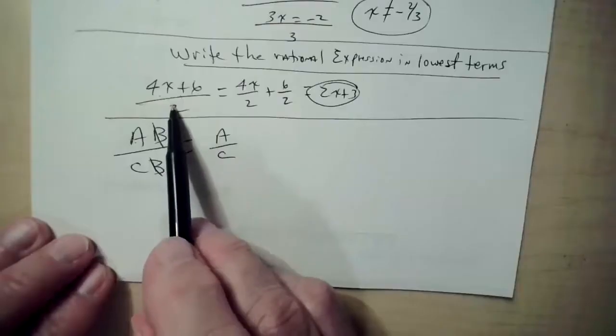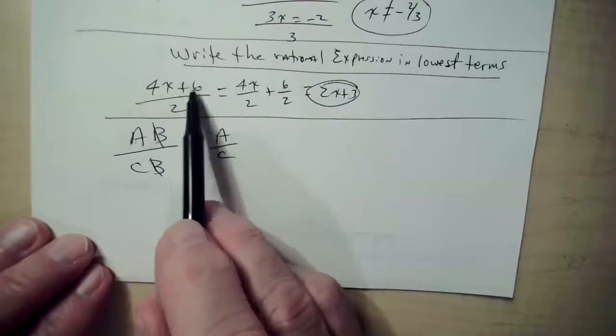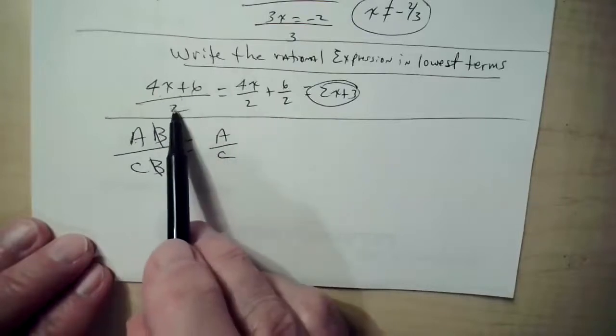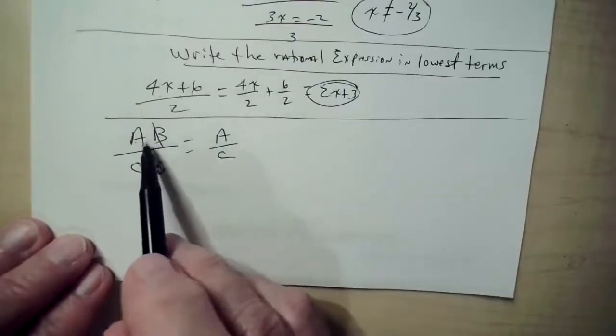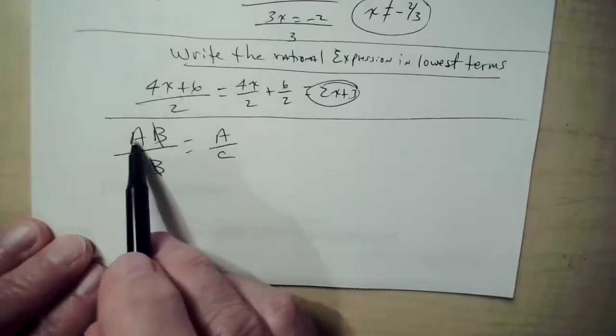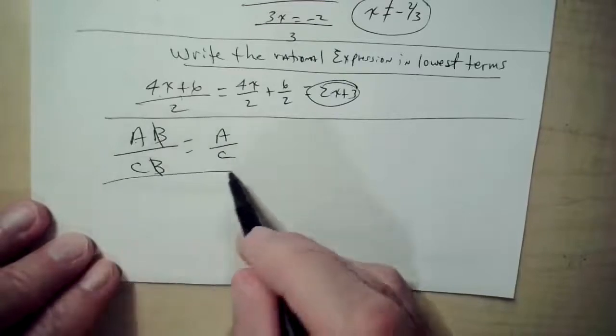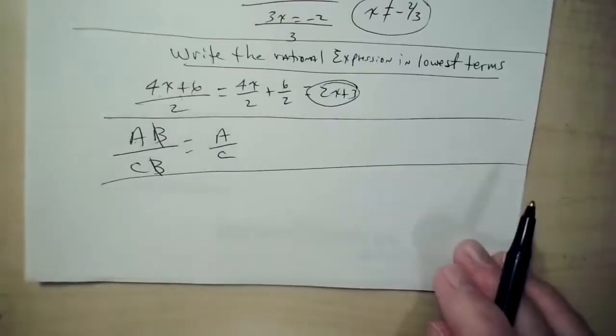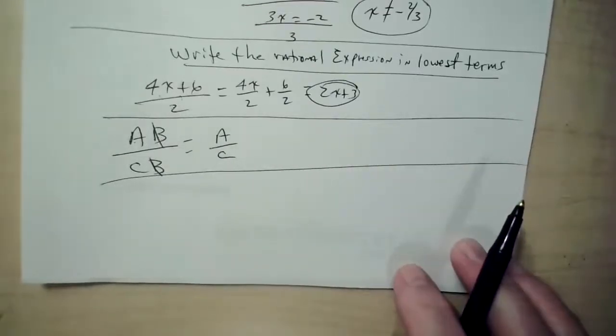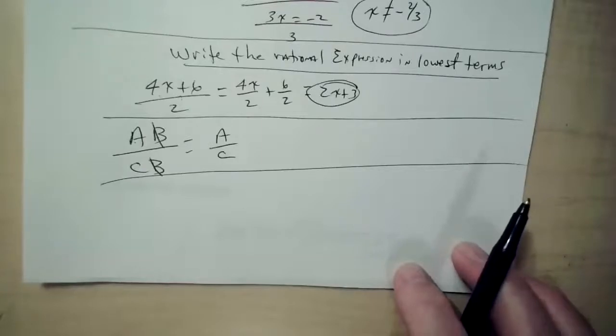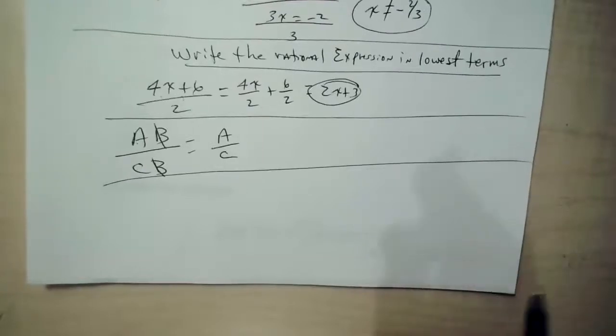If there's a plus or a minus in here, that makes this an expression, and you have to divide each one of the terms in the expression by the denominator. Here, this is a term. AB is a term. So we don't have to divide each one of them.